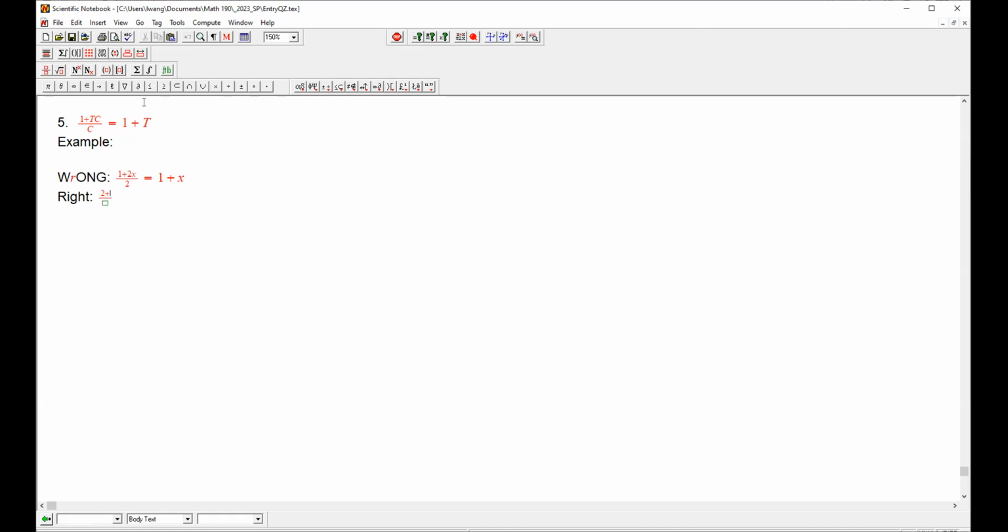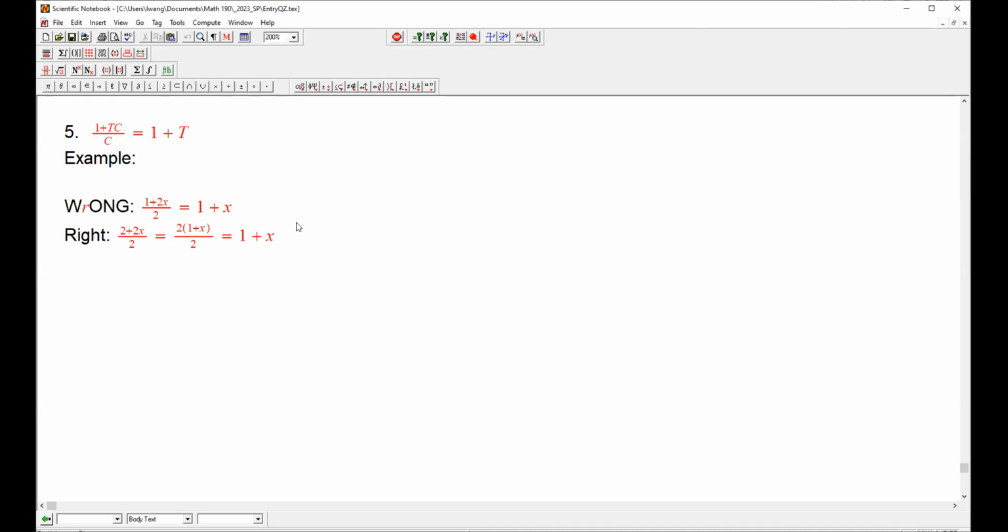If you have 2 plus 2x divided by 2, in this case you factor out the 2 on the top, so you get 2 times 1 plus x divided by 2, and then you have 1 plus x. So in this case, you see the difference? The difference is that here you have 1, so you cannot factor out a 2. And in this case, yes.